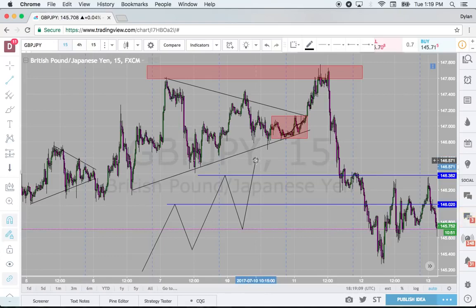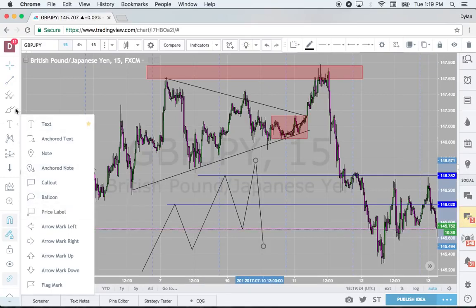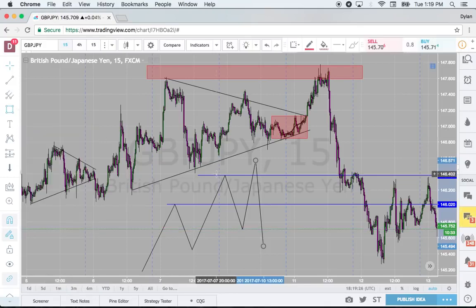What happens next is the dealer will then move the market back below that resistance after activating any buy stop orders that happen to be in this area above that high. So that's what's going on.